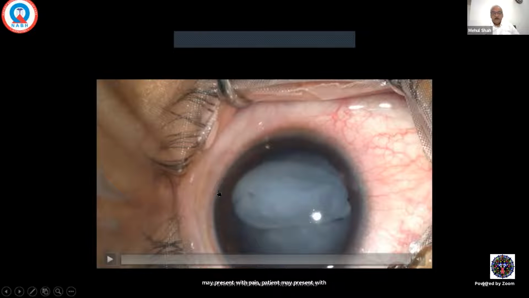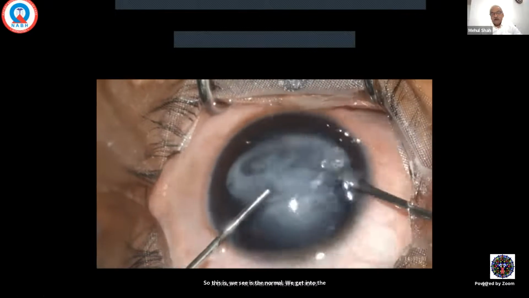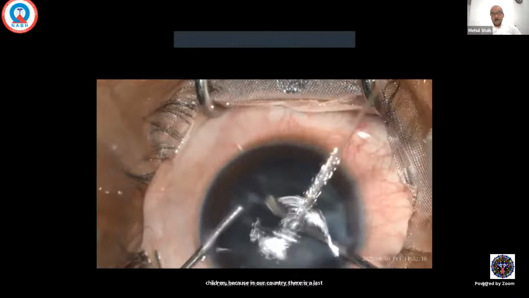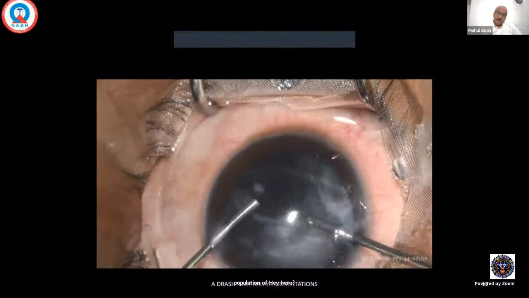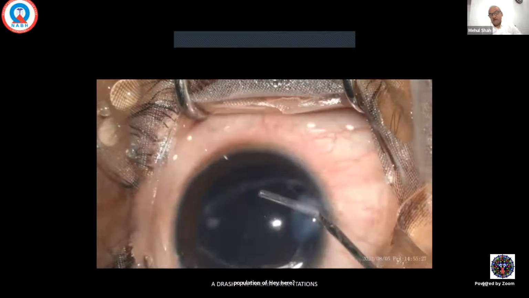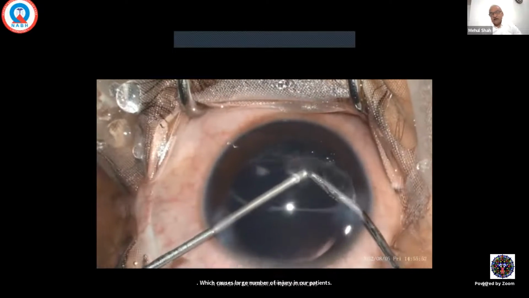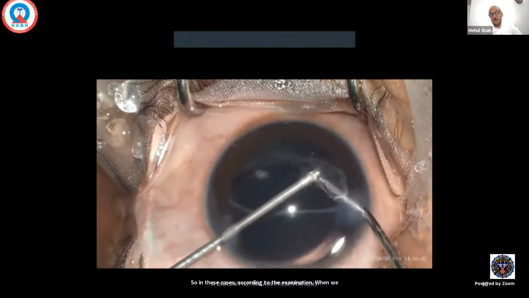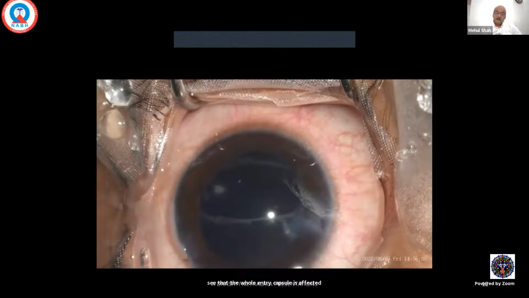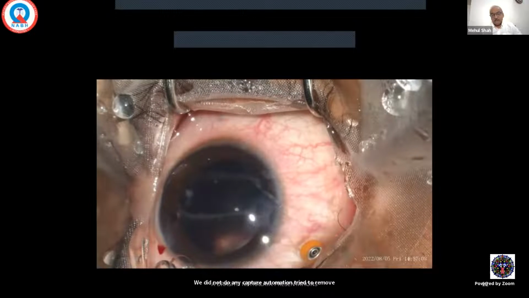This we commonly see in children, because in our country there is a large population of Acacia nilotica, called babul thorn, which causes a large number of injuries in our patients. In these cases, according to the examination, when we see that the whole anterior capsule is affected, we do not do any capsulotomy and try to remove everything from the pre-existing opening.